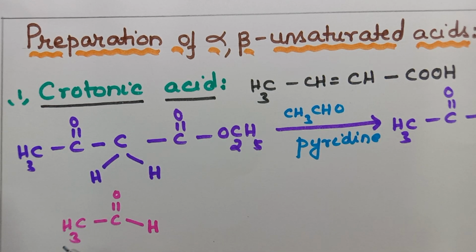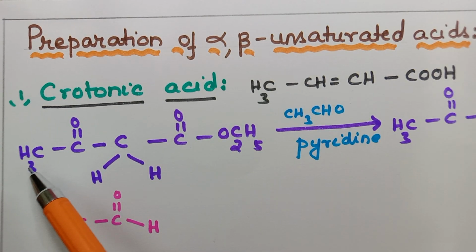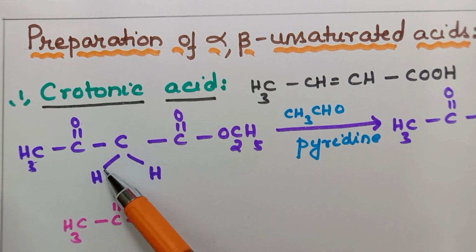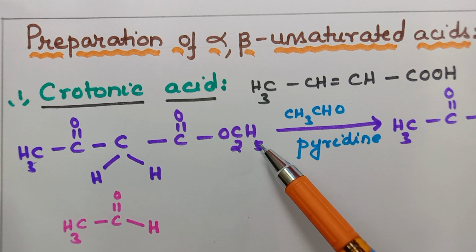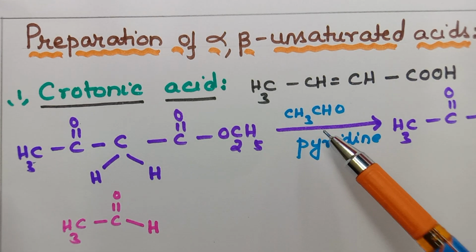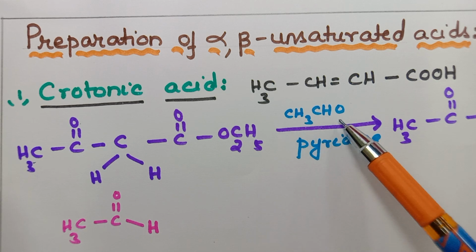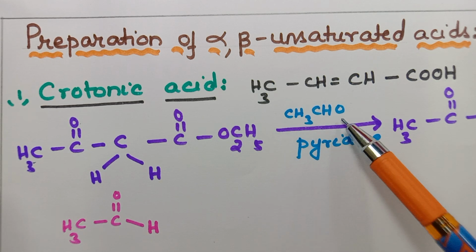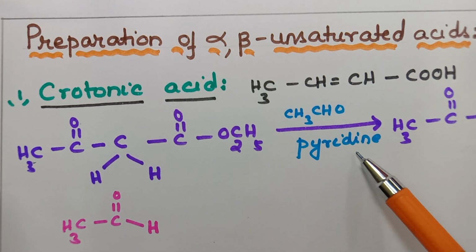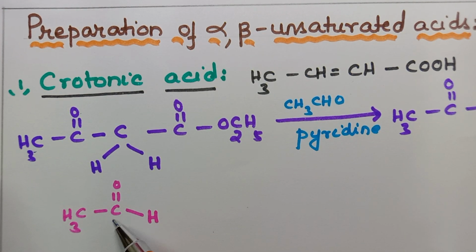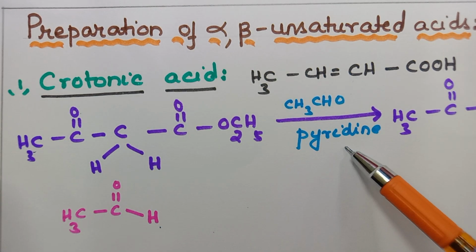Okay. So shall we do? Right. So taking acetoacetic ester, CH3C double bond O, CH2C double bond O, OC2H5. Here we are not adding NaOC2H5. We are adding over here acetaldehyde. CH3CHO is acetaldehyde in the presence of pyridine. Here I have written acetaldehyde, students, CH3C double bond O, H. So what it does in the presence of pyridine?